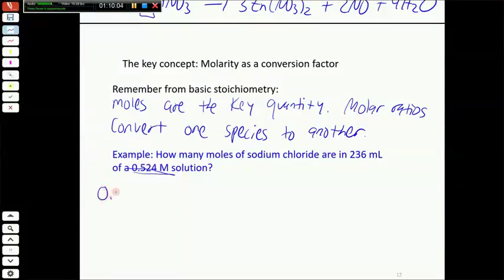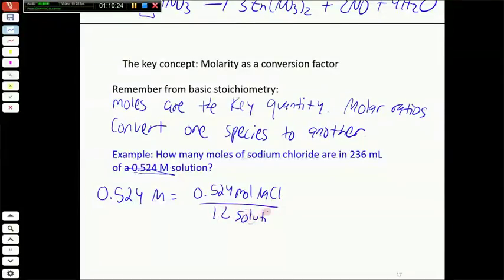Because we recognize the definition of molarity that we learned earlier on in this chapter is that it's moles per liter. So this solution would have 0.524 moles of sodium chloride per 1 liter of solution. That's the definition of molarity.